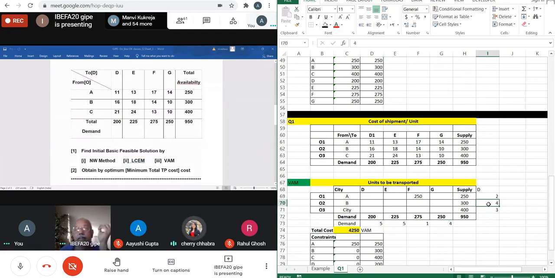So from the third, VAM method, I'm getting 12075. Yes.